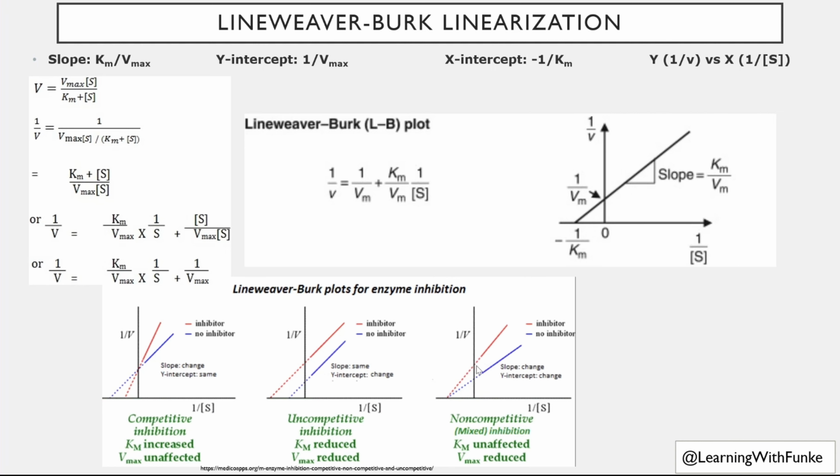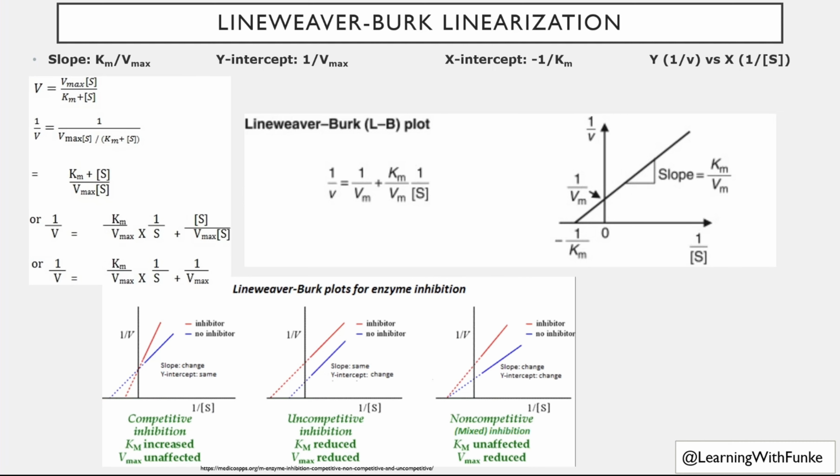However, for your y-intercept, Vmax is actually what? Decreasing. And that's why, since Vmax is decreasing, 1 over Vmax will be higher. And so with inhibition, you have 1 over Vmax higher for non-competitive, right?